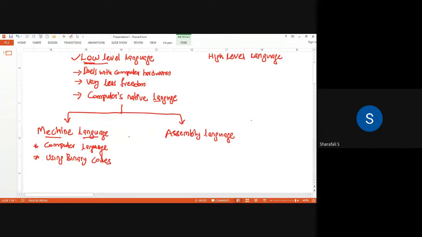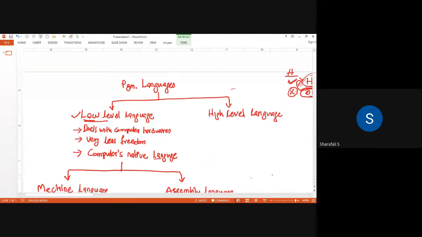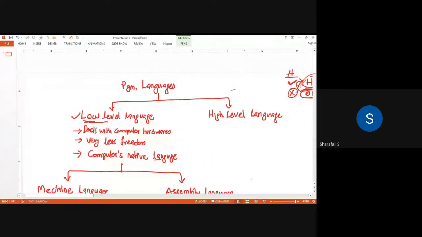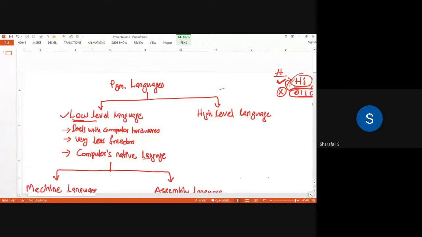For example, any text, as we said earlier, "hi", has to be converted into binary, and that binary number will be used by your CPU or any other computer system. This is how the computer, or a digital device, communicates with its different components.